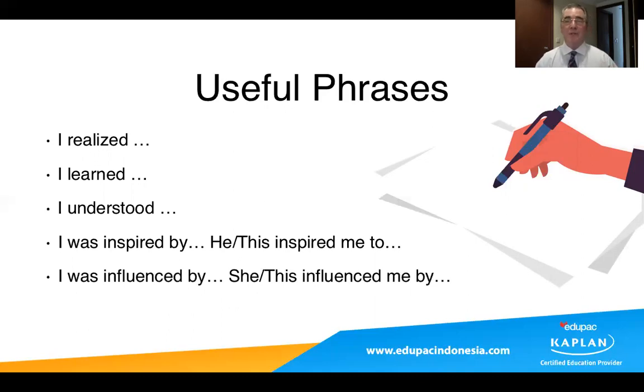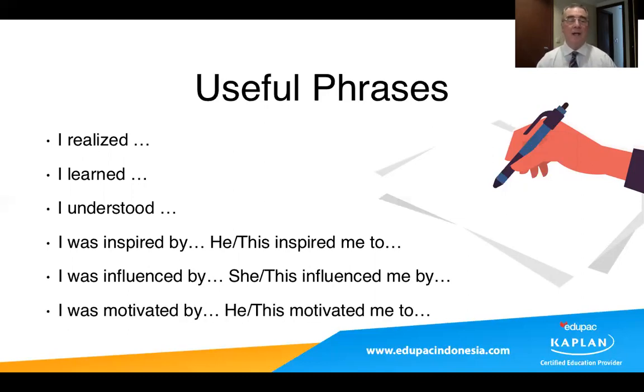I was influenced by, or she influenced me by, or this influenced me by something. And finally, I was motivated by, or he motivated me to, or this motivated me to. These kinds of expressions can be very meaningful when you are describing your background and trying to help the reader to understand why you have come to the point today where you want to return to graduate school and study for an MBA or other business-related degree.